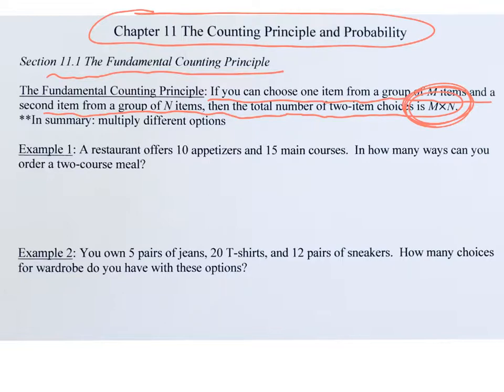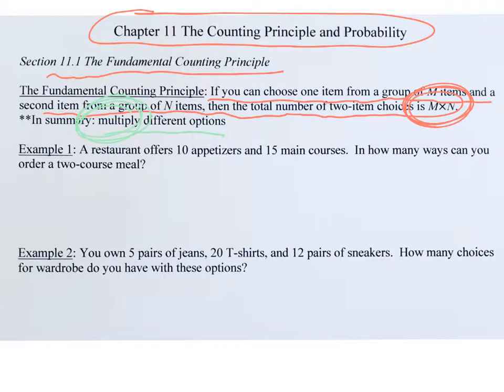So in summary, all this fancy principle says to do is when you're counting, when you see the phrase how many in a word problem, at the very least you're going to be multiplying. So you're going to multiply all the different options, all the different choices that you have. So in this chapter, especially for the first few sections, when in doubt, you're going to be multiplying.